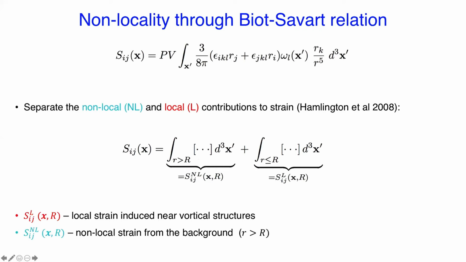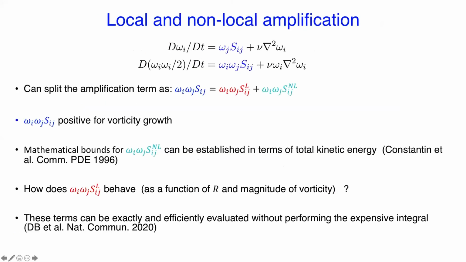And then there's this local contribution, which is the strain induced by vortex stretching in the neighborhood of these vortex tubes. And then again, the amplification term can be split in this way. If vorticity squared were to amplify to very large values, then this term has to be very strongly positive. And this one is a sum of these two terms.